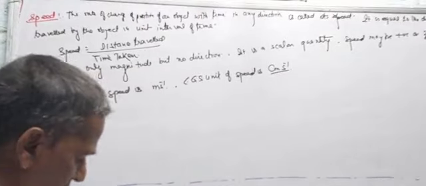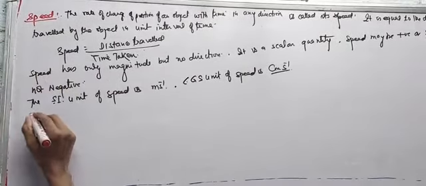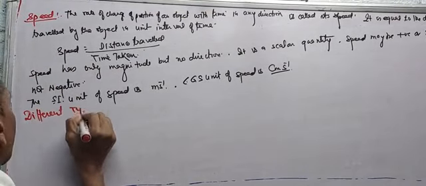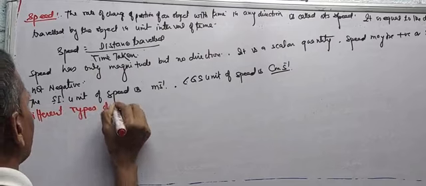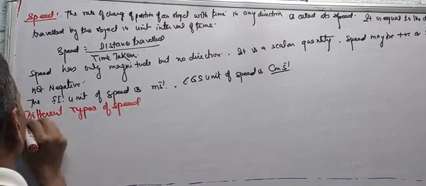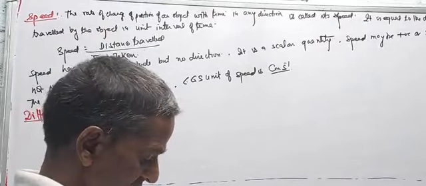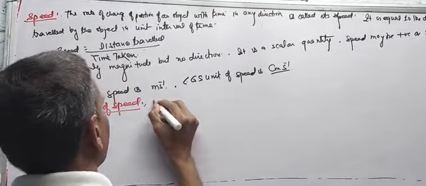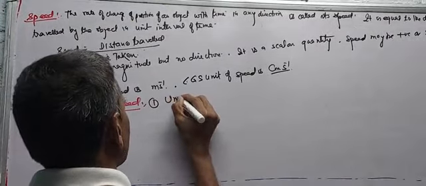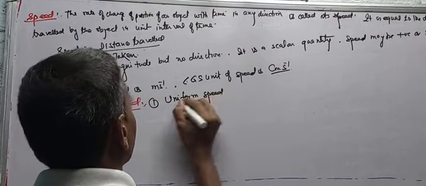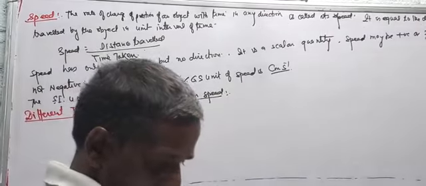Different types of speed. First one is uniform speed.